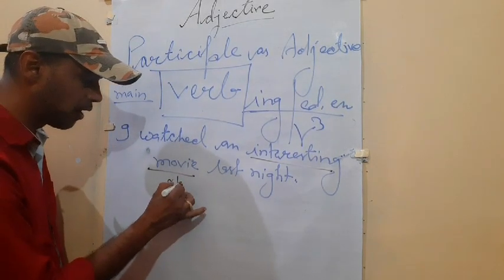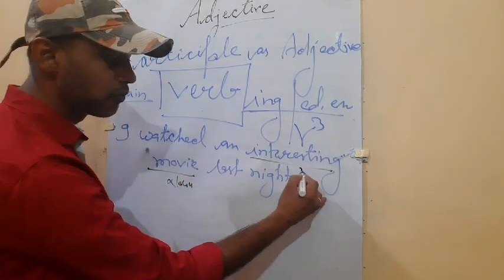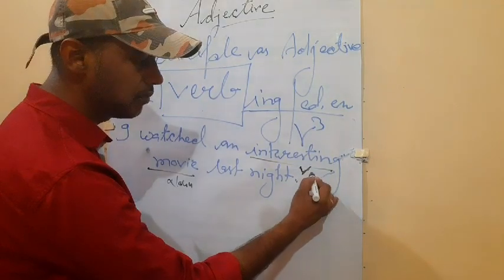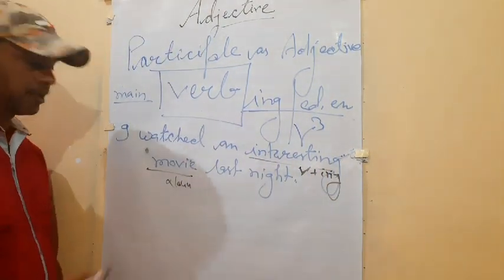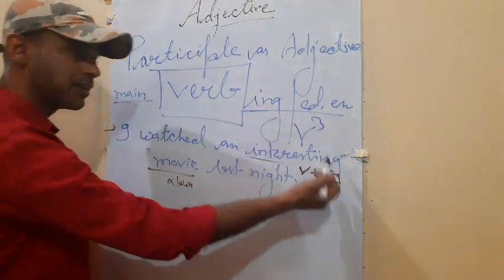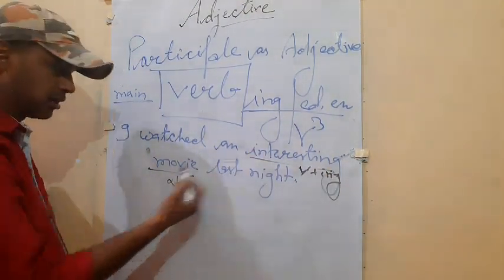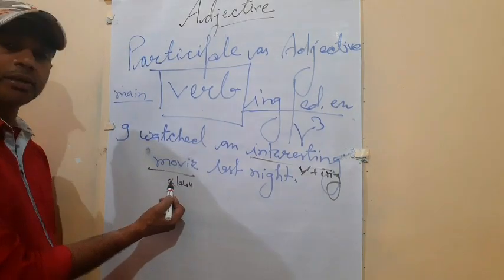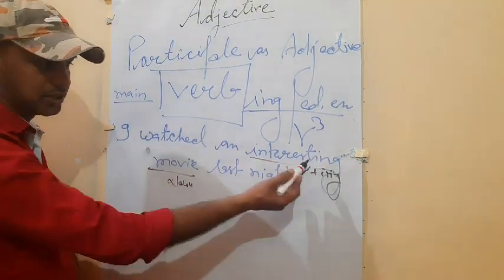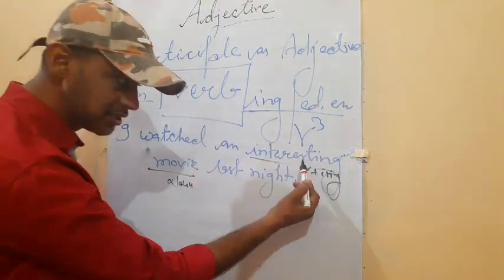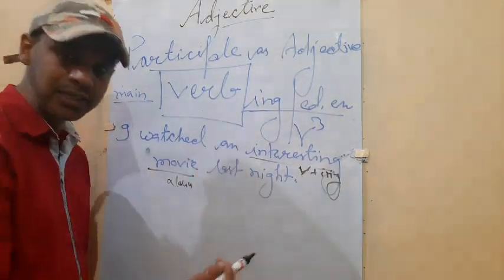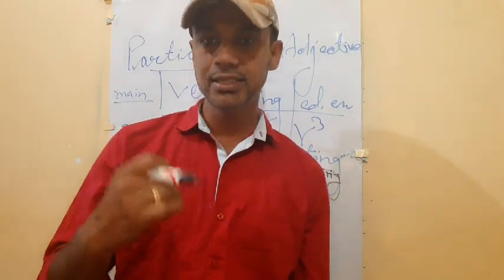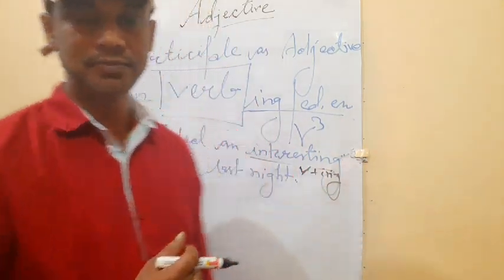What is movie? Noun. And interesting is the verb ing form. So this will be known as a participle because movie comes quickly after the verb, and here interesting tells the quality of the movie. Understand now? So this is an adjective. This is the verb working as an adjective. That's why this is known as a participle. Participle means if any verb works as an adjective, that is known as a participle.